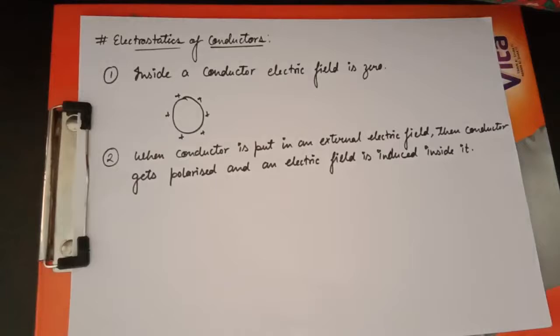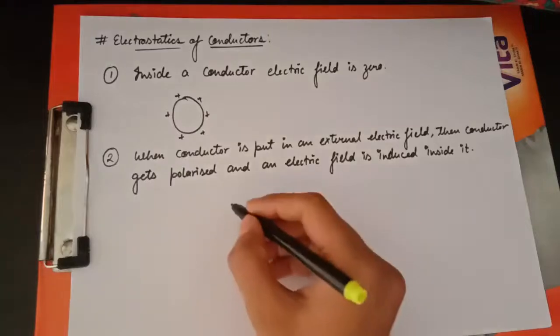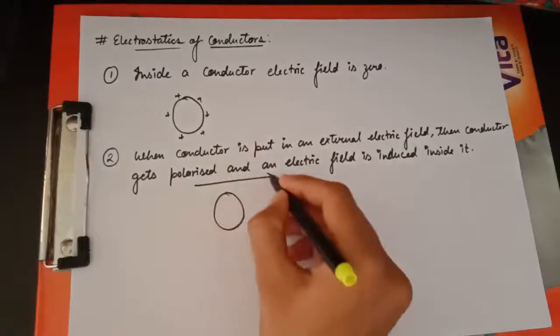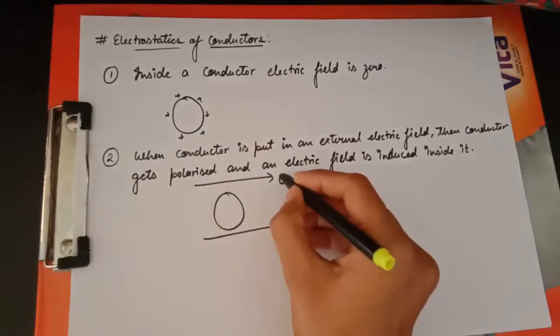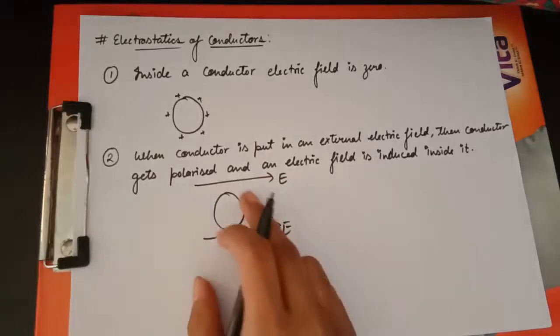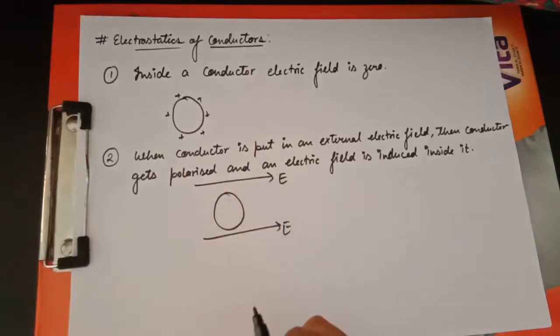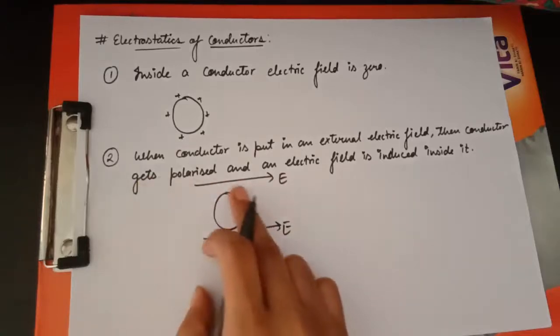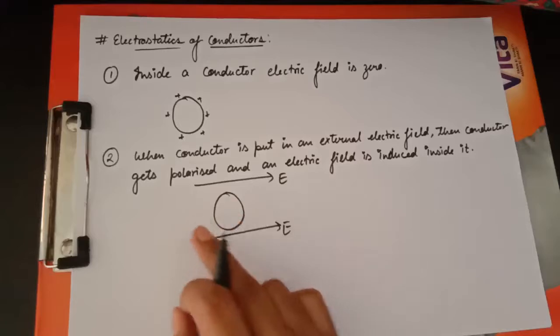Next is, when a conductor is put in an external electric field, then the conductor gets polarized and an electric field is induced inside it. Suppose I have a conductor and there is one uniform electric field, or this is the external electric field, and I have put a conductor in this external electric field, then the charge in this conductor gets polarized.